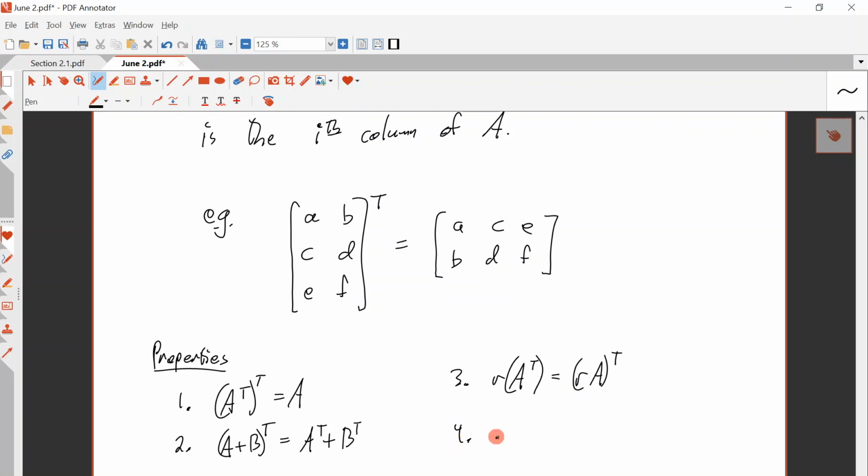And the last one, if you want to transpose a product, AB transpose is B transpose A transpose, not A transpose B transpose. I'll leave it to you; we'll do an example like that in the exercises. Okay, that's all for this section.